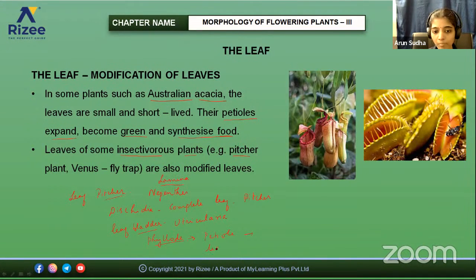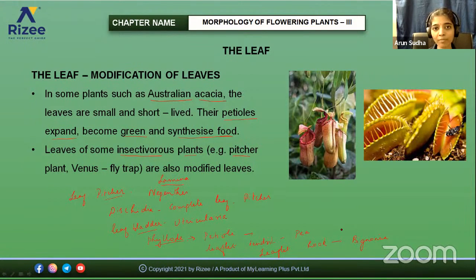And in the case of peas, leaflet tendril. That is, the leaflet is modified into a tendril in the case of pea. And the leaflet is modified into hook-like structures in the case of Bignonia. So in different plants, the leaves are modified to form different structures.